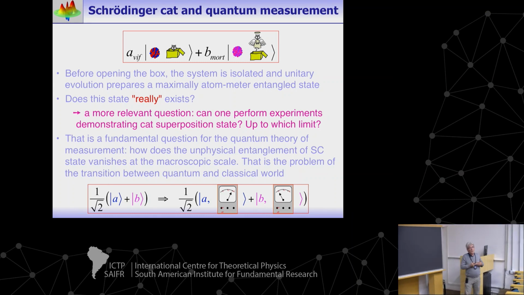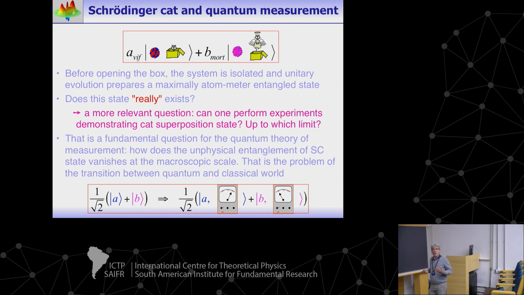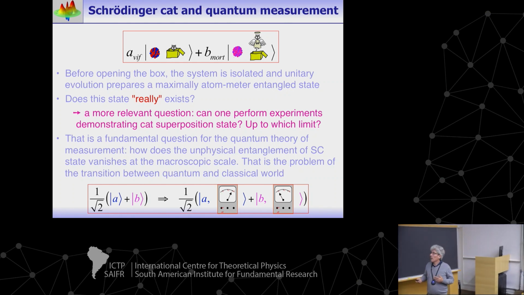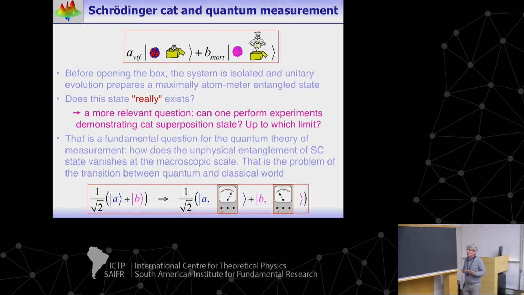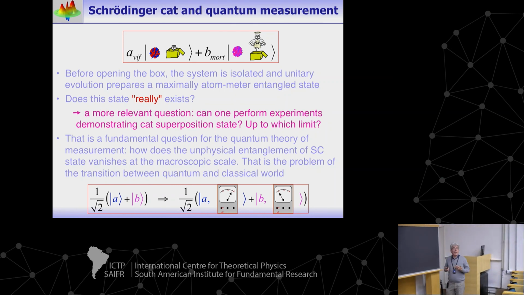So if you just take into account the unitary evolution of quantum theory, you have to consider that unitary evolution produces this kind of unphysical state.